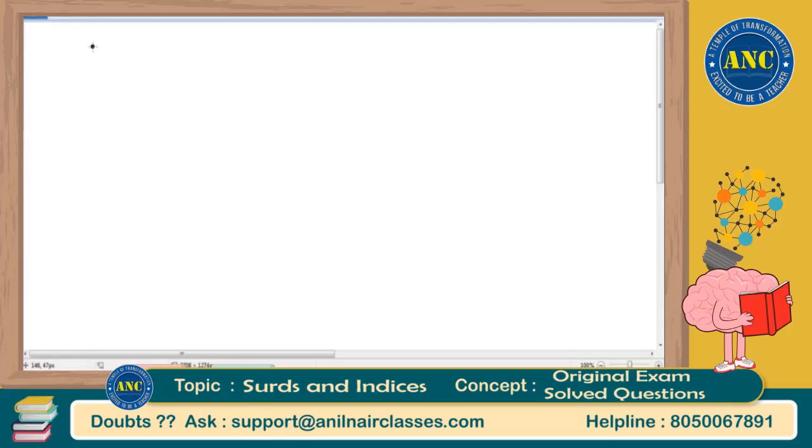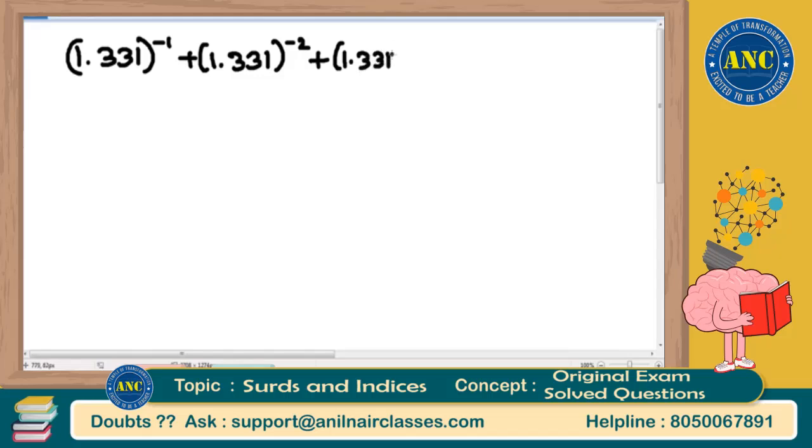Your question is, 1.331 to the power of minus 1 plus 1.331 to the power of minus 2, 1.331 to the power of minus 3. Last term is 1.331 to the power of minus 6.